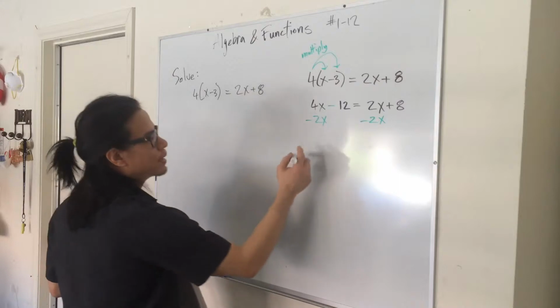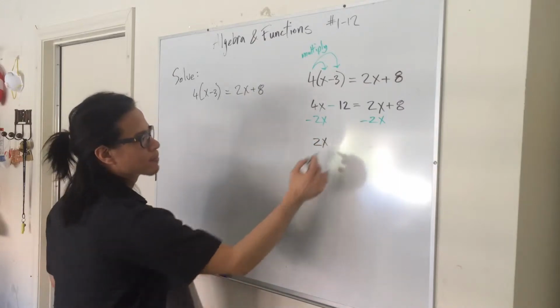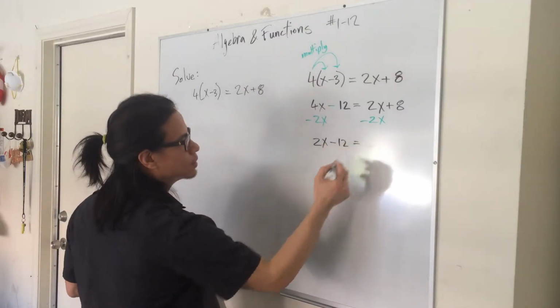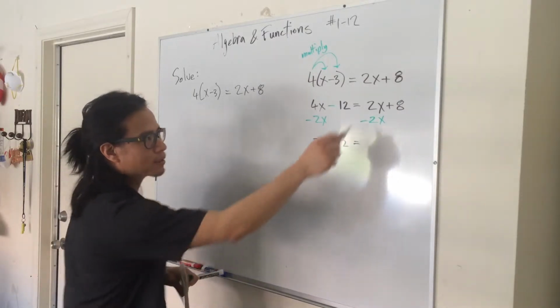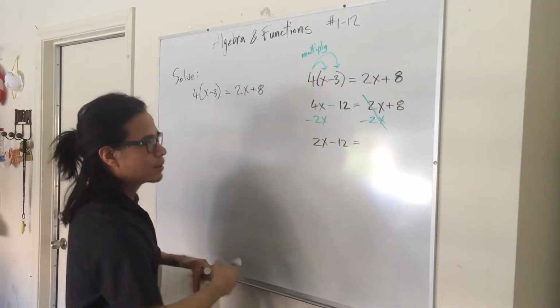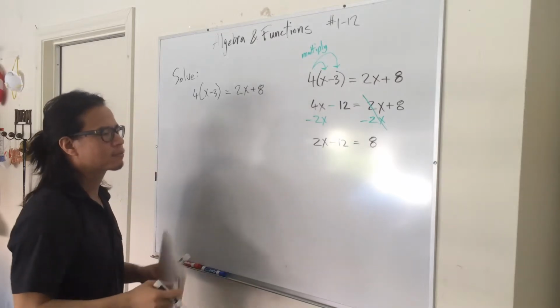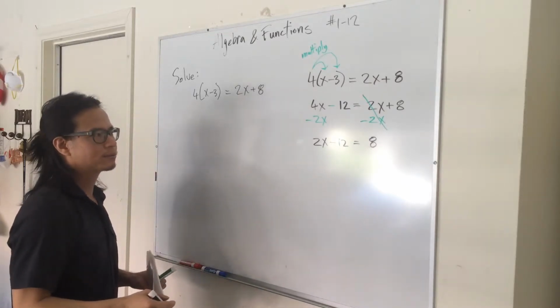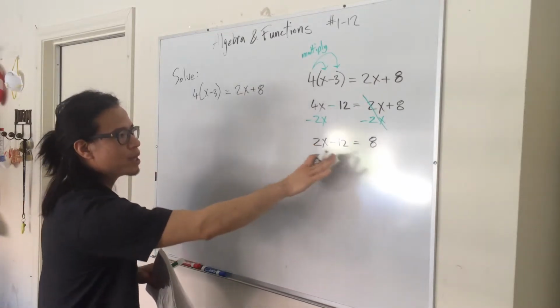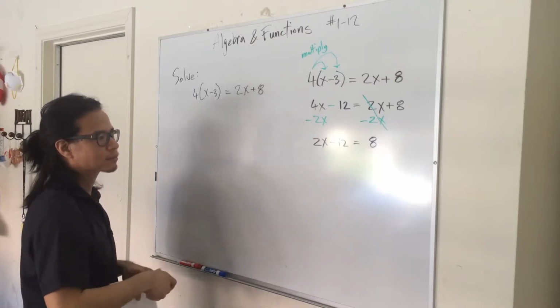So 4x minus 2x gives us 2x minus 12 equals, after this subtraction, you get 8 left over on the right side. If your equation looks cleaner than before, we're heading in the right direction.